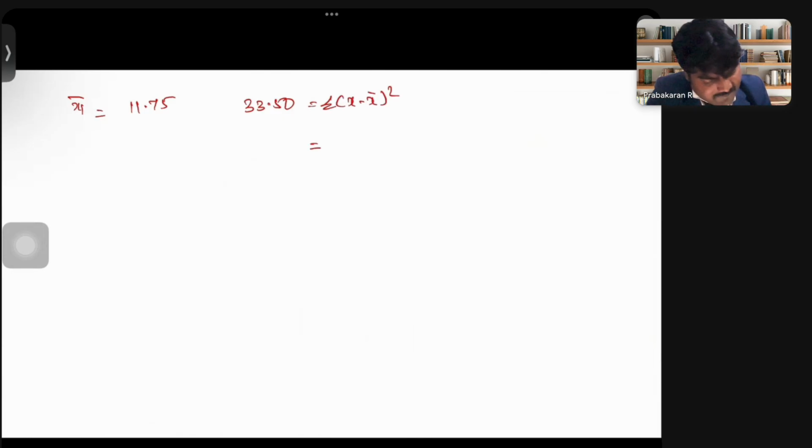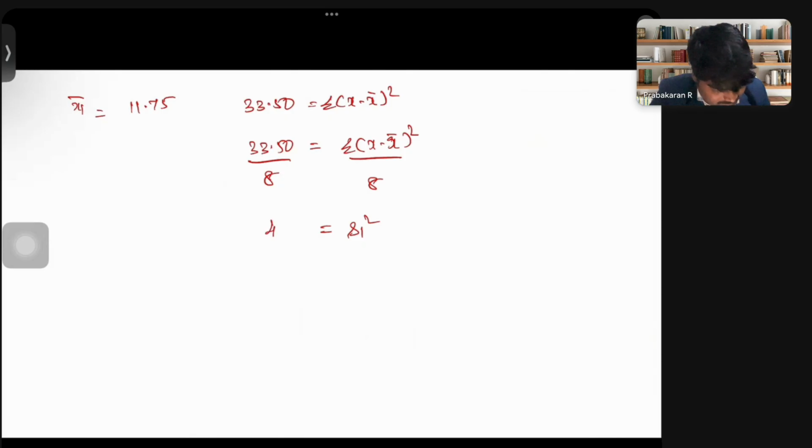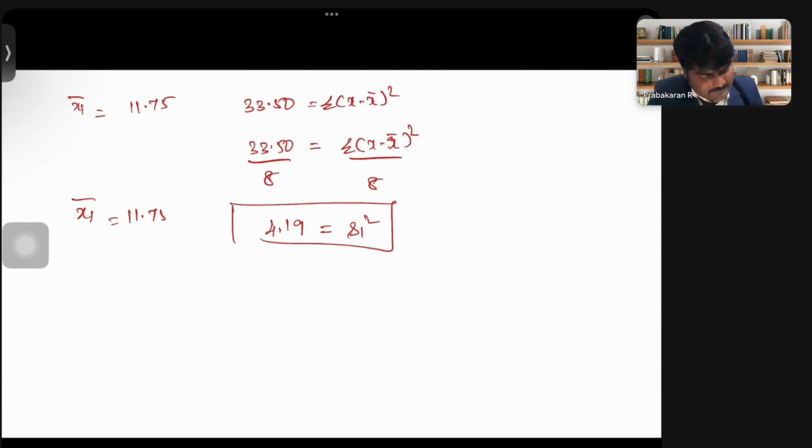When you divide it by the total sample size, that is 33.50 by 8, this gives us the variance of the first sample, that is the s1 square value, 4.19. So x1 bar is 11.75, s1 square is 4.19.